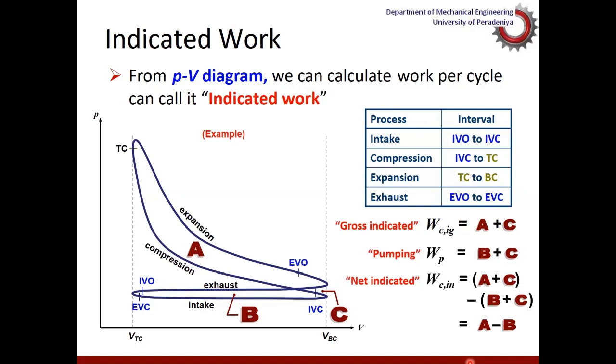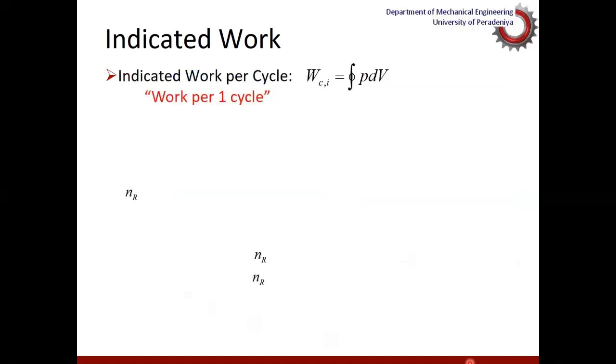Therefore, that is not a very good parameter to express the capabilities of an engine. So what we do is relate everything to power, rather than going for work per cycle. When it comes to engine performance indication, we use power, that is work per second, rather than work per cycle, because the cycle is something happening inside the engine.